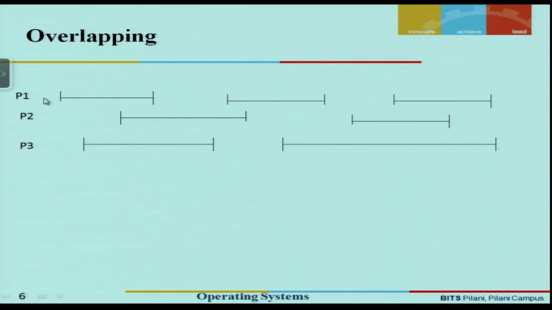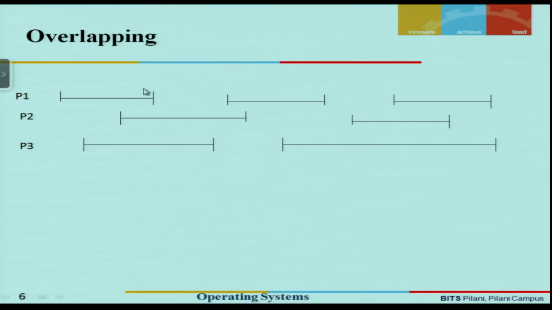P1 comes first and starts executing, then process P2 comes and starts executing on another processor, and then process P3 at some point in time comes and starts executing.